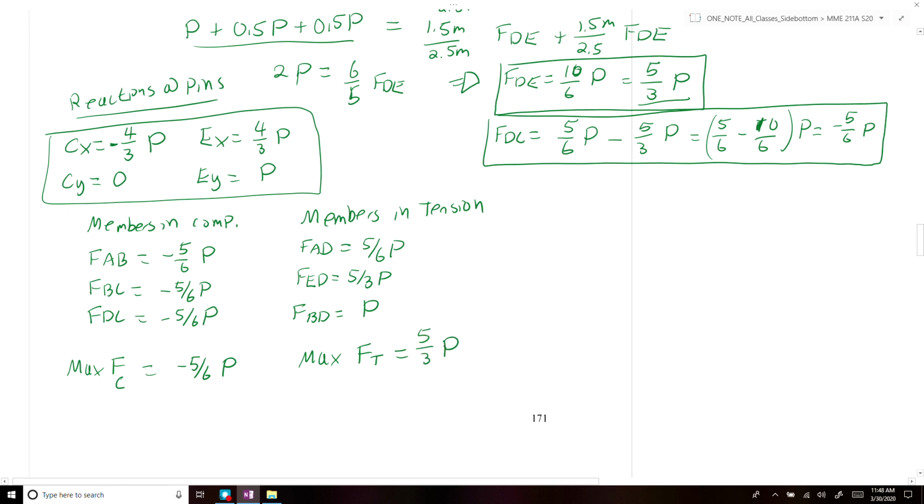In the problem statement, we were told that the maximum allowable compression force was equal to 2 kilonewtons.